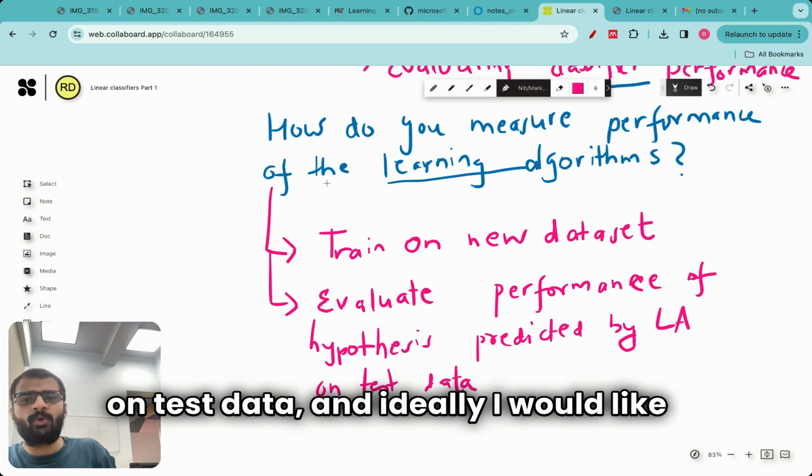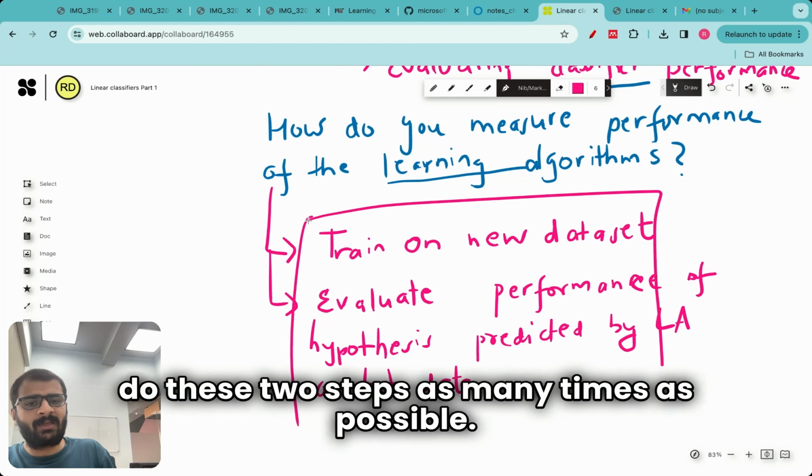And ideally, I would like to do these two steps as many times as possible.